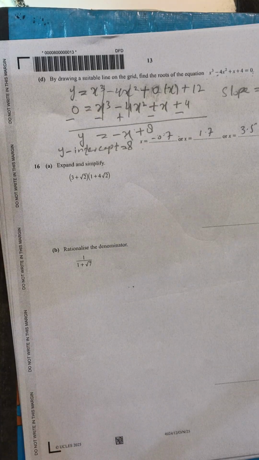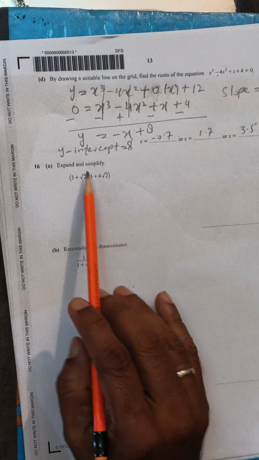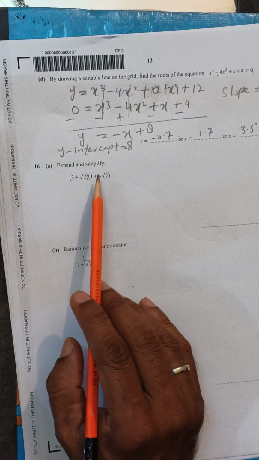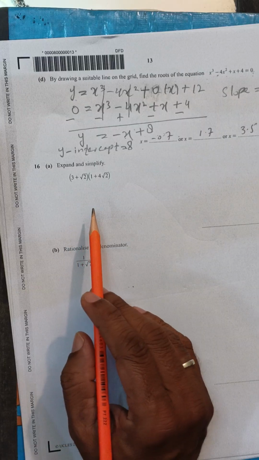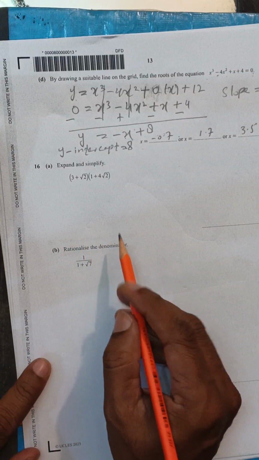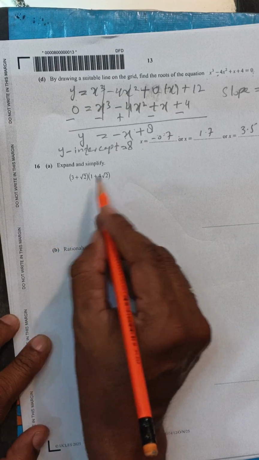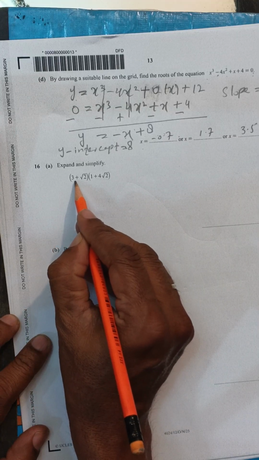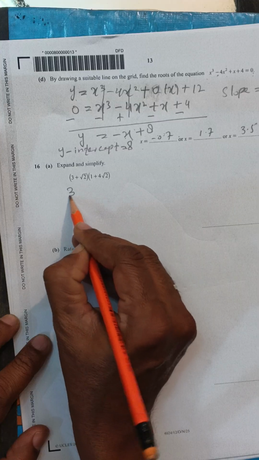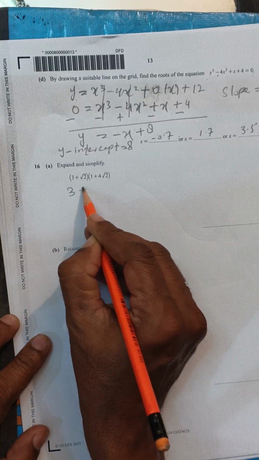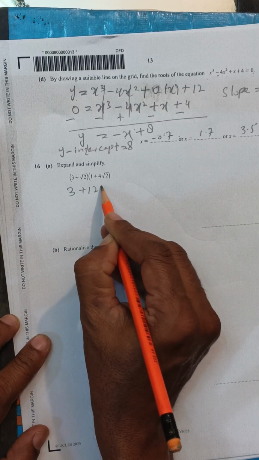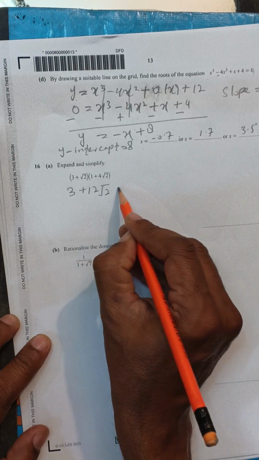Okay, now move towards question number 16. Expand and simplify this equation. How will you simplify it? You will simplify this equation by multiplying. To multiply these two values, 3 ones are 3, and 3 fours are 12, and square root of 2.